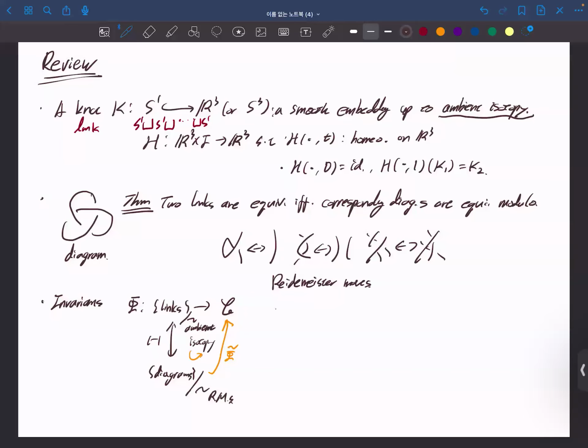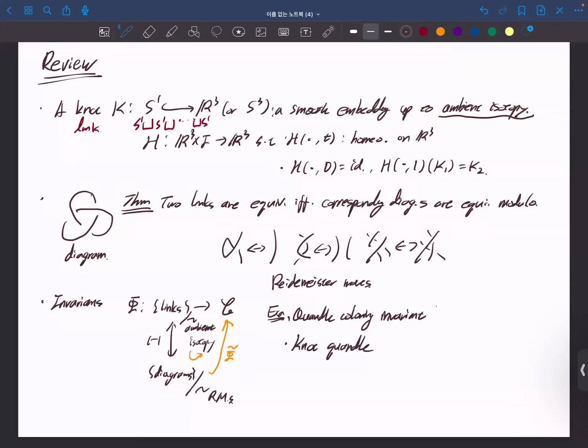One example is the quandle coloring invariant, and another one was the knot group.